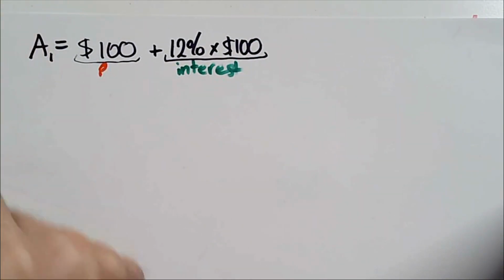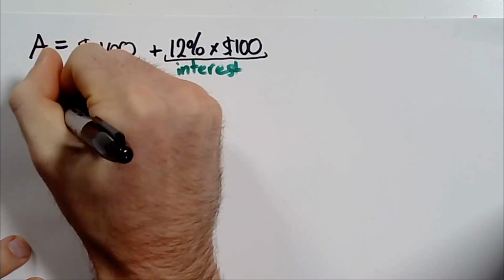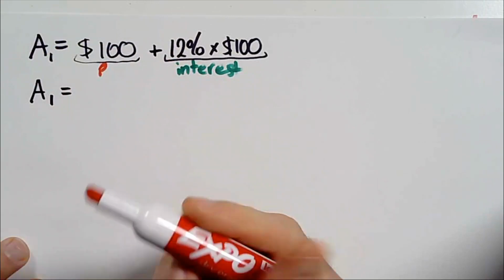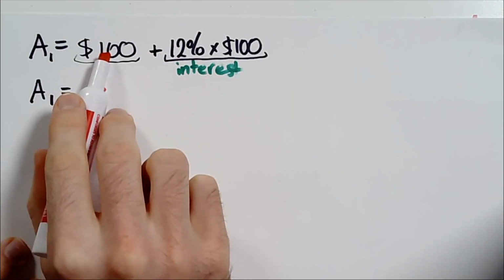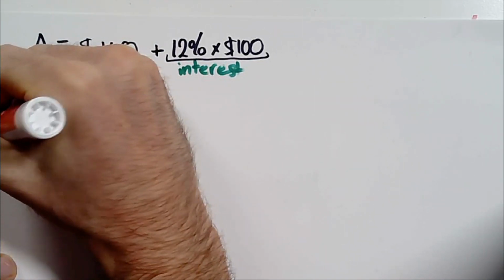But what I want you to pay attention to here is how I can substitute the letters in for these numbers. So another way of writing this is after 1 year, the amount we're owed back is P. So notice this, it's P because the principal was $100. This means principal, okay? I'll write it down, I'll write it here.